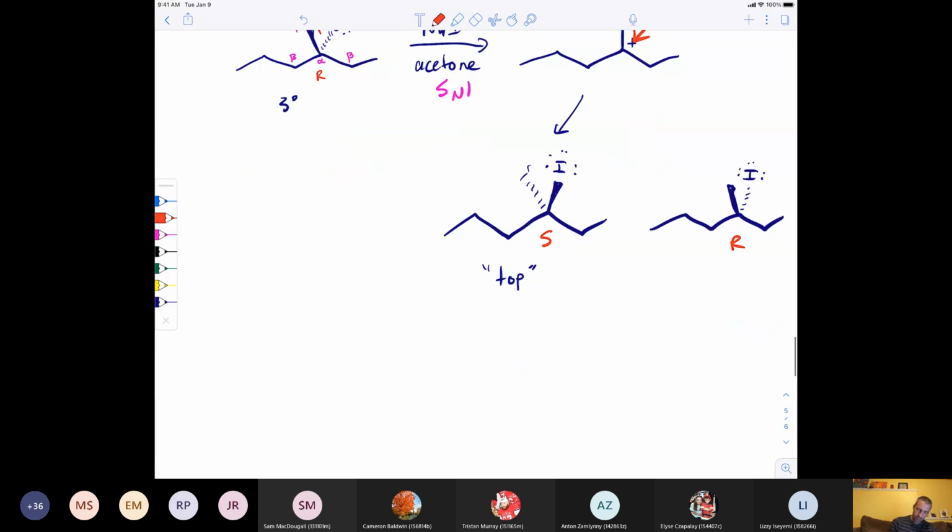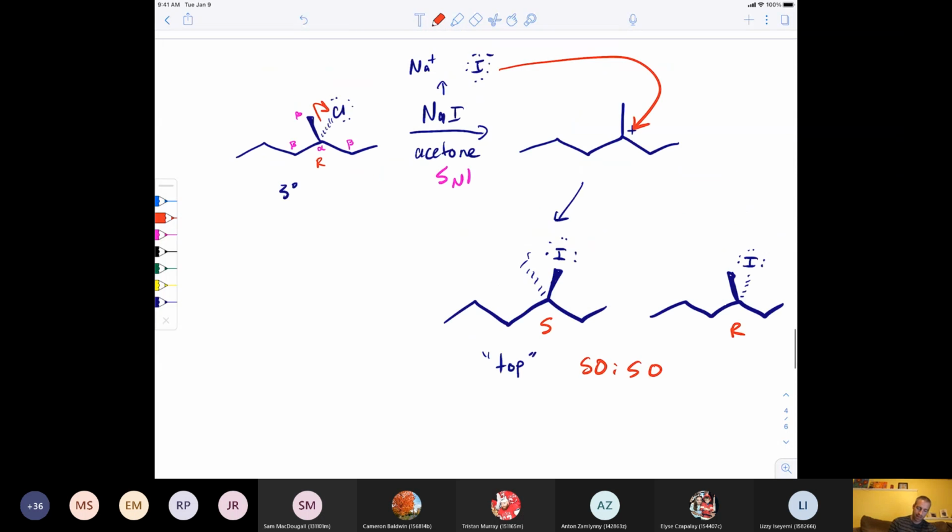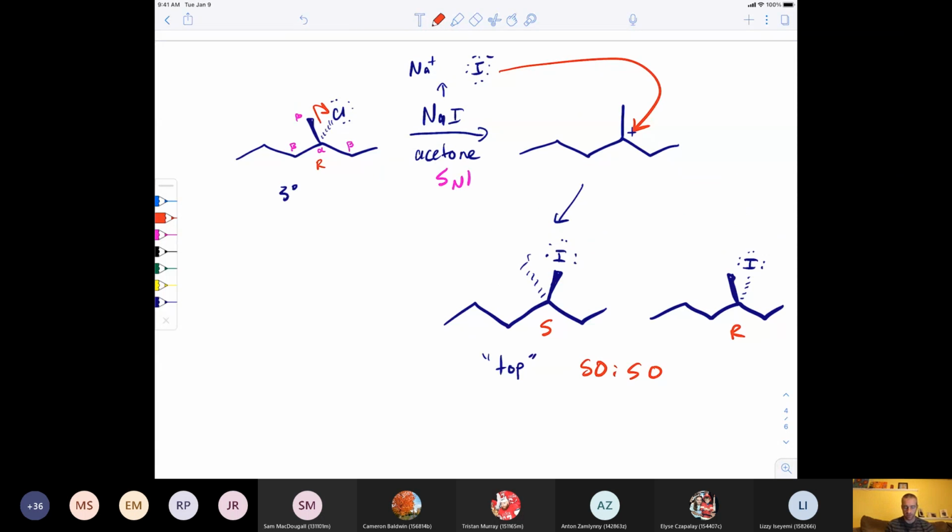In this case, I would expect 50-50 because that cation is a flat surface. There's no preference for it to come from the top or the bottom. Which way it attacks from will just be a total accident based on where the iodide happens to be when it comes in contact with that cation. So that means there's no preference. You have a 50-50 mix.